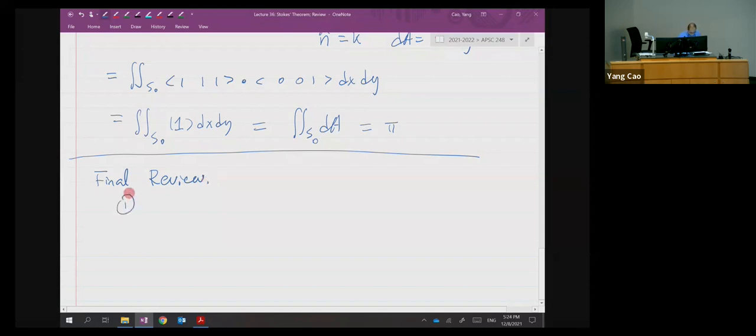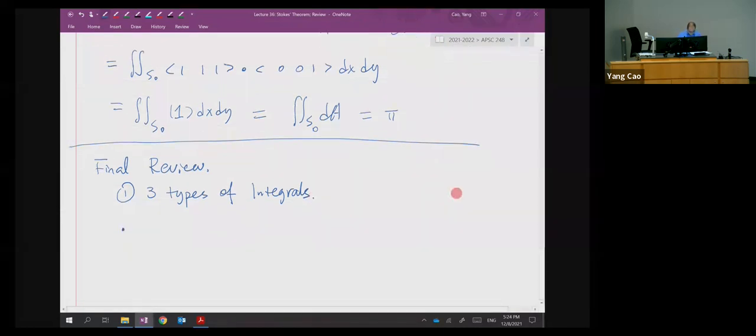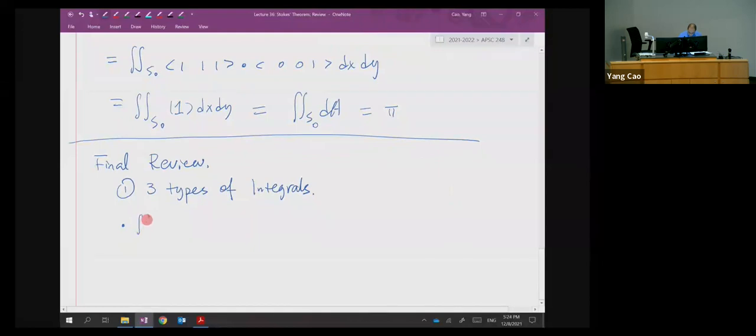Number one, in this course, we learned 3 types of integrals. The first type is the double integral.